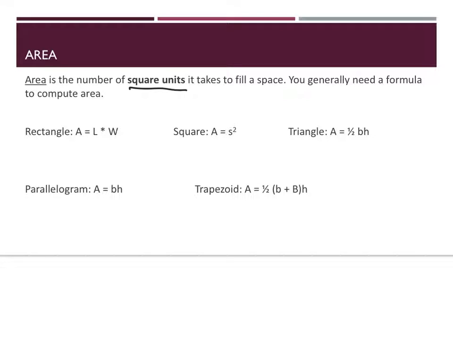Rectangle, square, and triangle, those are your regular figures. We also have a parallelogram and a trapezoid. We have formulas for those, so we just need to understand the pieces and the parts.